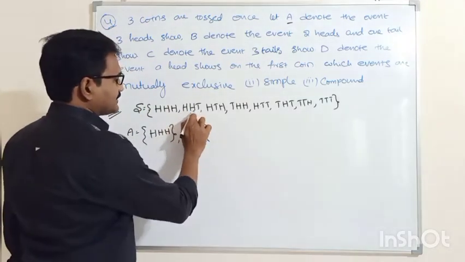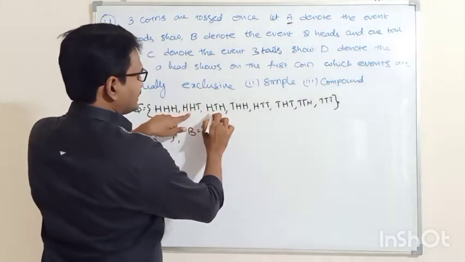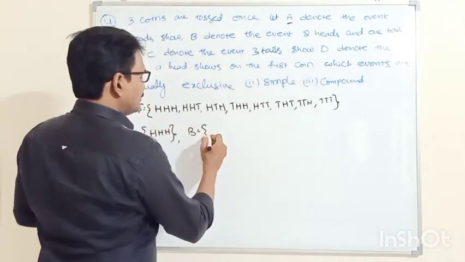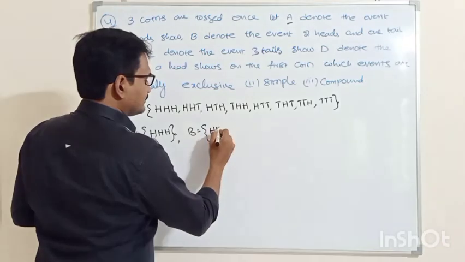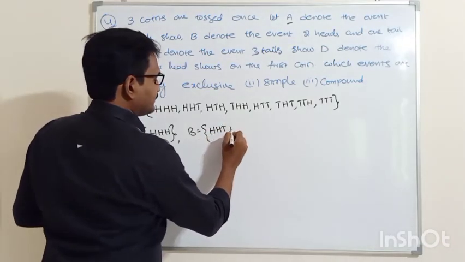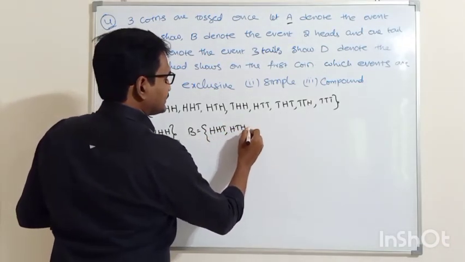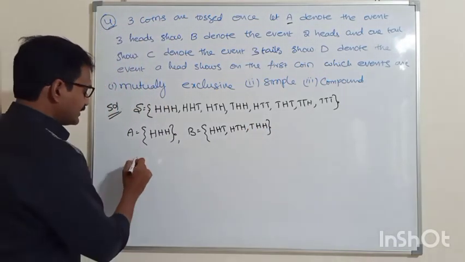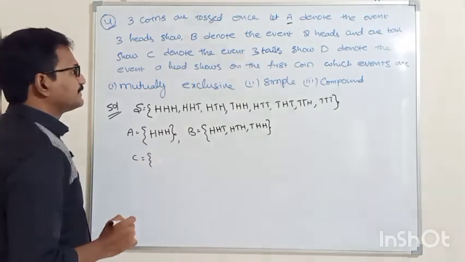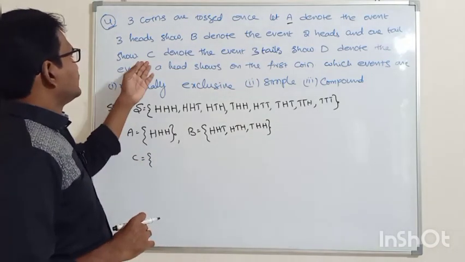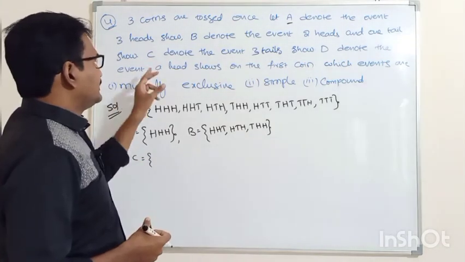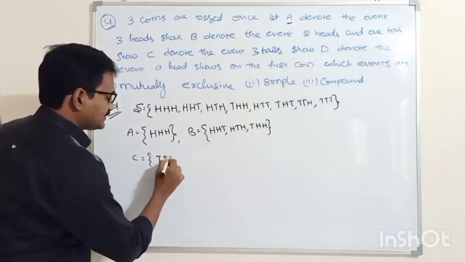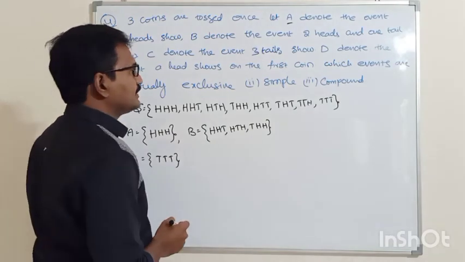If you observe these sample points, HHT, HTH, THH, each has 2 heads and 1 tail. Next, event C denotes 3 tails show. 3 tails means TTT. So this is event C.